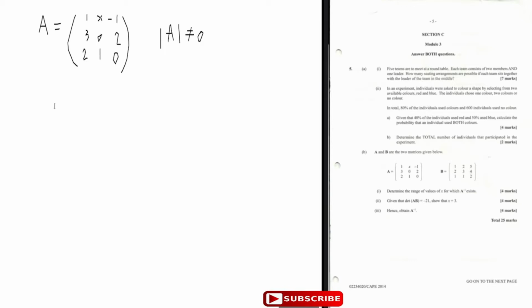So using column 1, the determinant of A is going to be 1 times the determinant of 0, 2, 1, 0, minus 3 times the determinant of x minus 1, 1, 0, plus 2 times the determinant of x minus 1, 0, 2. Nice and easy. That's the determinant of A.